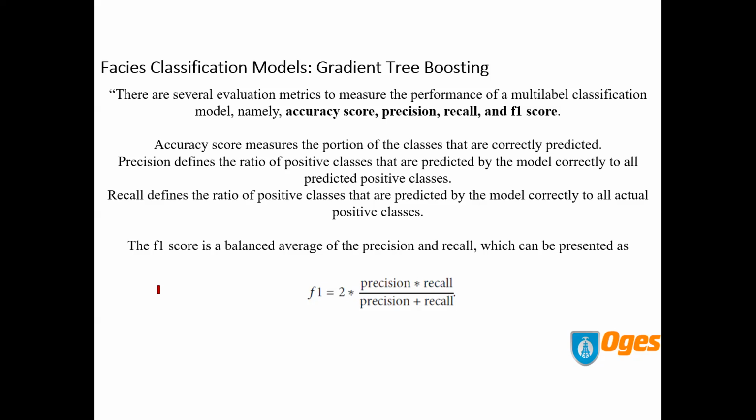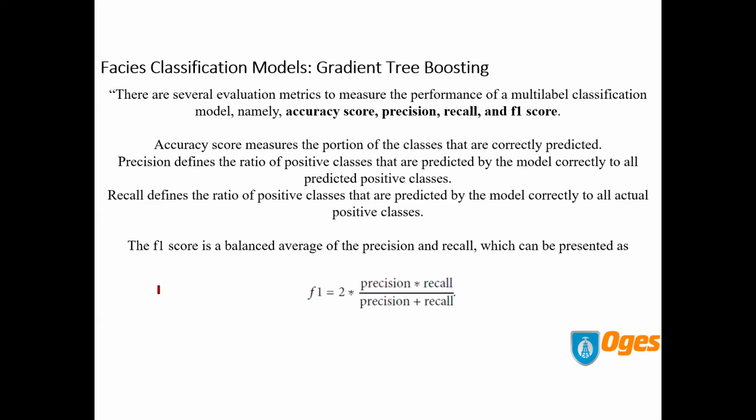There are several metrics to measure the performance of a multi-label classification model, because this is what we just built. Gradient tree boosting is a multi-label classification to look at different types of classification of facies. It looks at the accuracy score, the precision, recall, and has a functional relationship score.